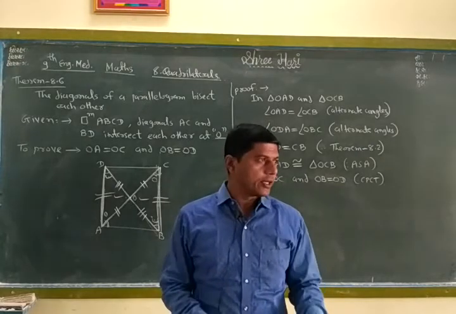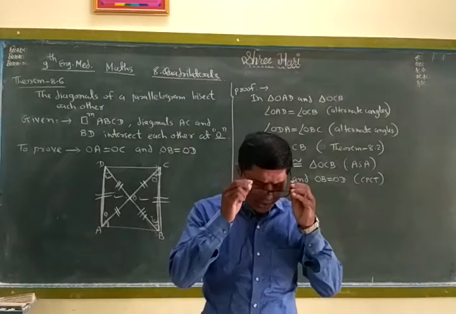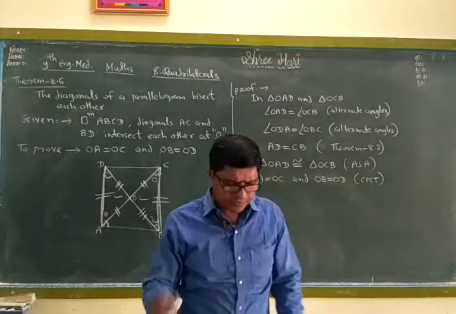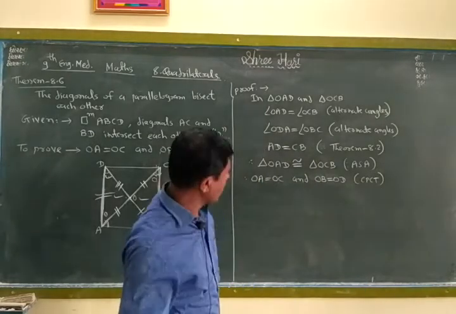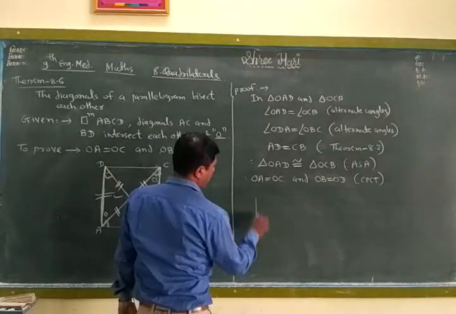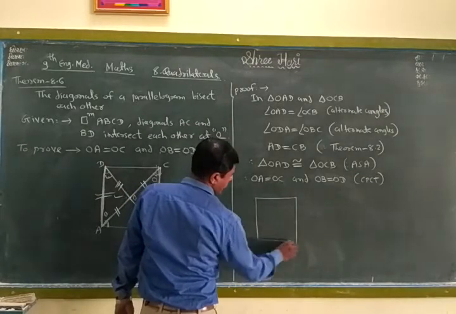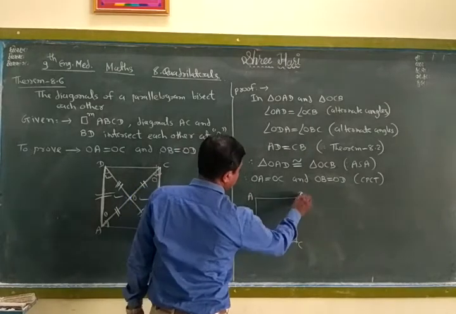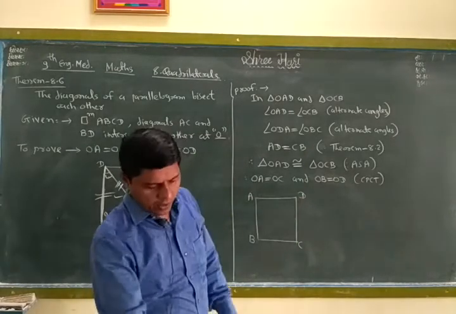Now we start 8.2. In a parallelogram opposite sides are equal. Here suppose we take a parallelogram ABCD.